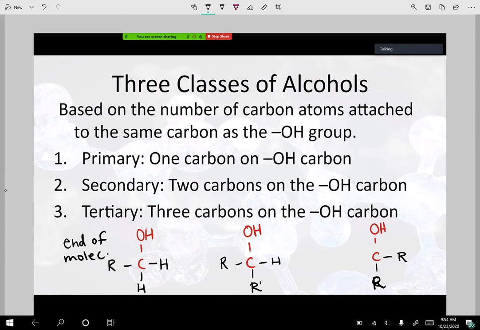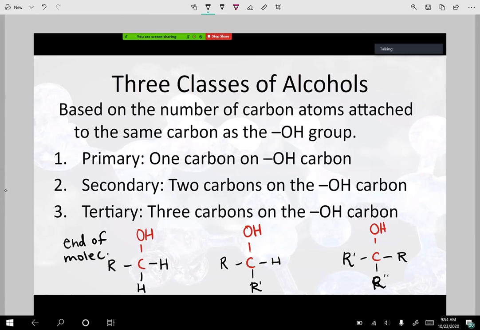So we don't have any hydrogens directly attached to that carbon. And we could do it again with R prime, R double prime. We can do that if we want. So that's our tertiary.